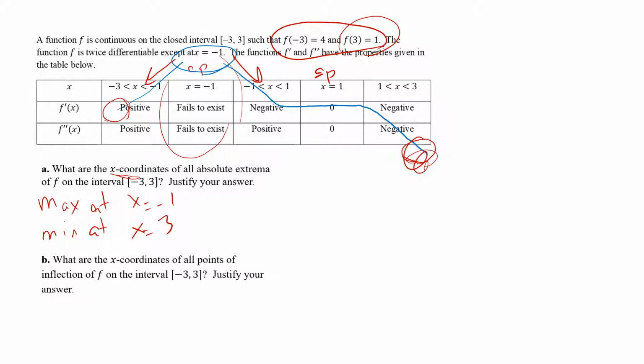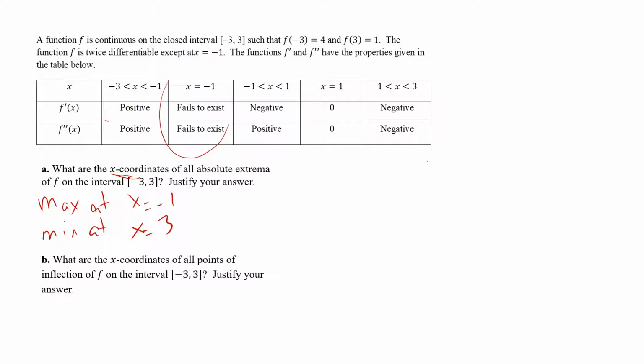We'll also be looking for the x-coordinates for the points of inflection. So the points of inflection, let me get rid of some of this. The points of inflection are where the second derivative equals, or not where it equals 0, where the second derivative changes sign. So on this first one where it fails to exist, it's positive.